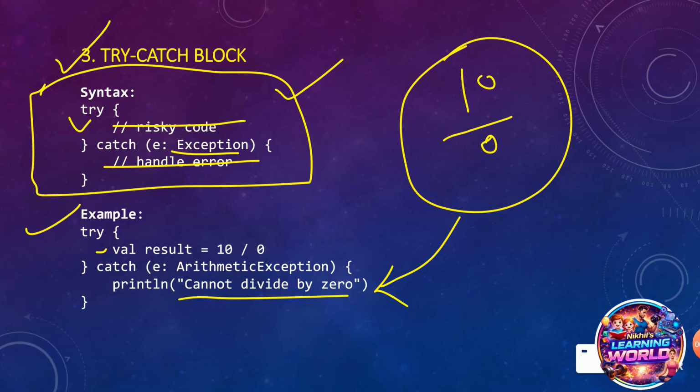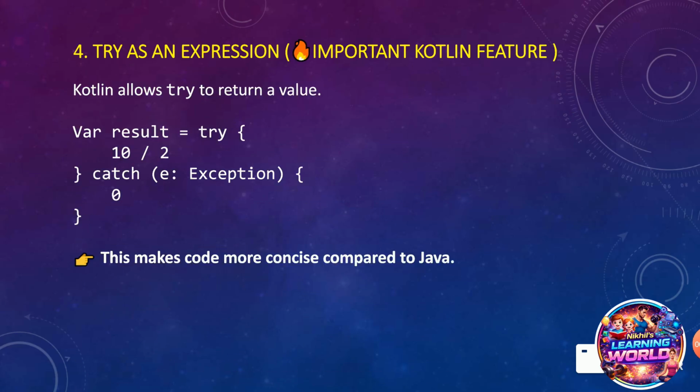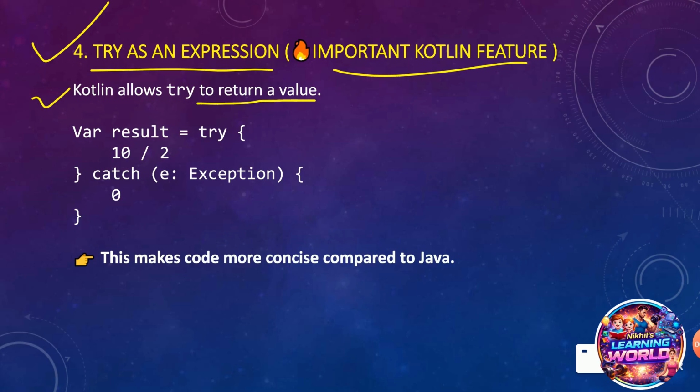Next, try as an expression. In Kotlin we can use try as an expression, which means Kotlin allows try to return a value. You can see here, val result equal to try 10 divided by 2.